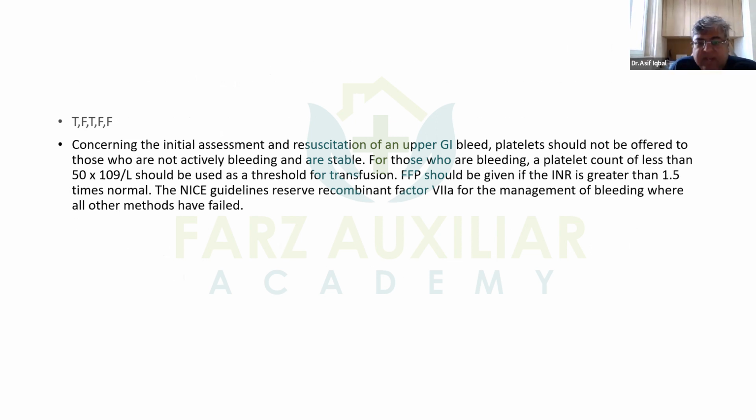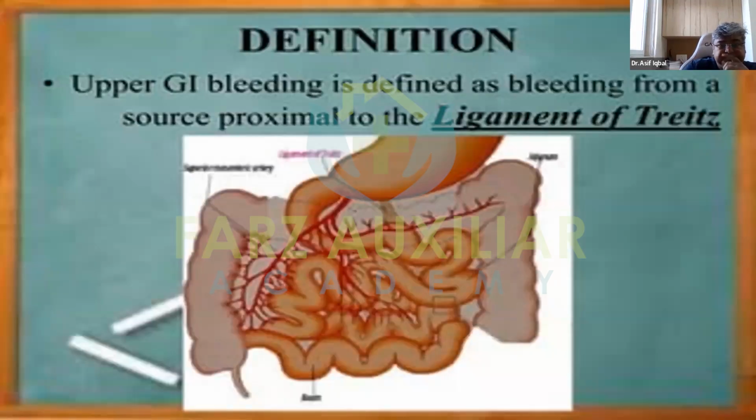Initially the recommendation for recombinant factor 7 was for any bleed, but nowadays it is restricted only to active GI bleed or to trauma patients with active hemorrhage where other measures have failed.